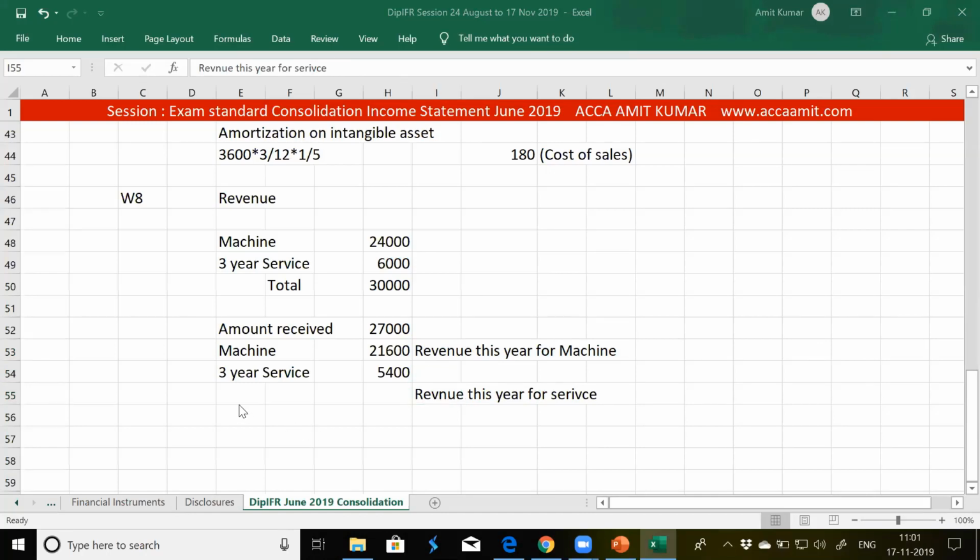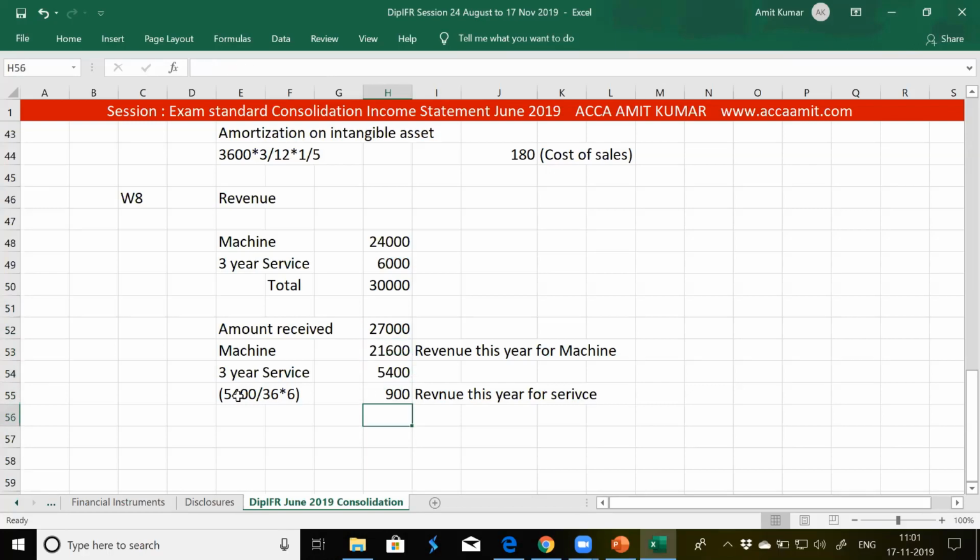Perfect. So 5,400 is for 3 years, that is 36 months. We need it only for a 6 month period, which equals 900. That is the revenue we recognize this year.